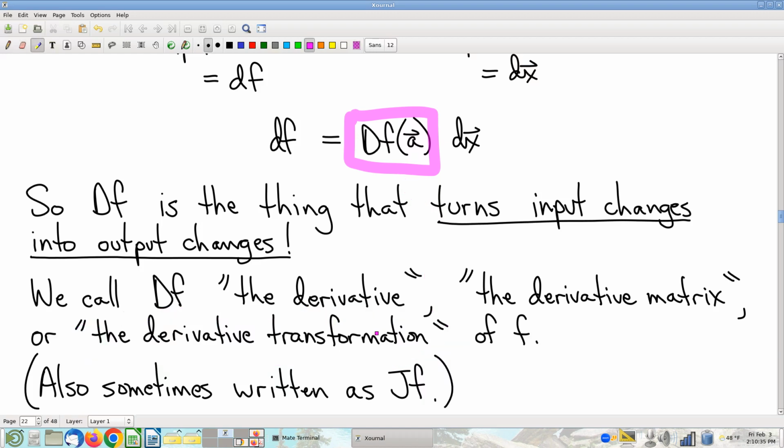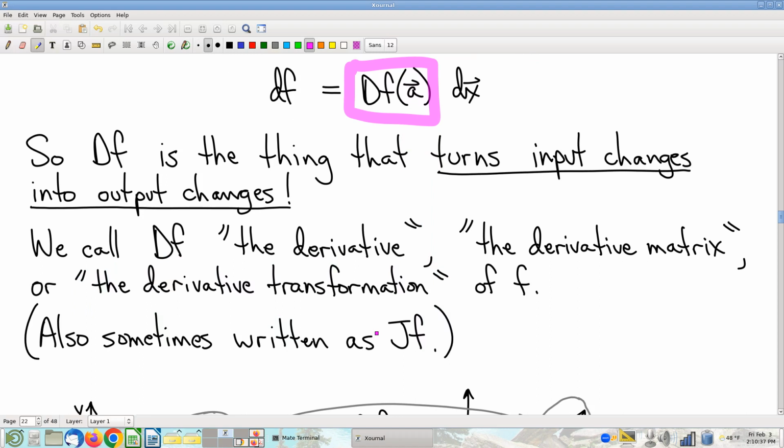And to further confuse things with terminology, sometimes the DF is written as JF. J stands for Jacobian. So sometimes this is called the Jacobian matrix, named after a mathematician named Jacobi. Anyway, along those lines, the J instead of the D. So you'll see all of these different terms and both of these different notations to refer to this one thing, which, again, deep down, is what derivatives are in a multivariable context.